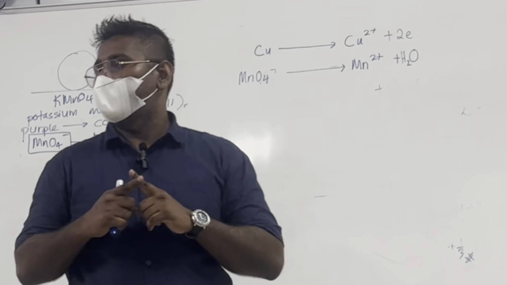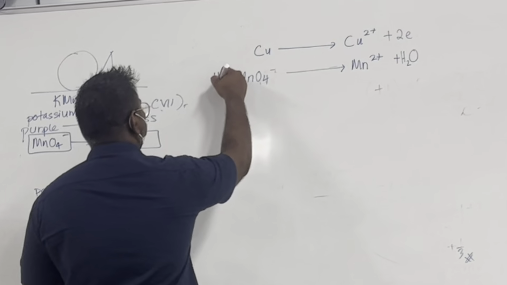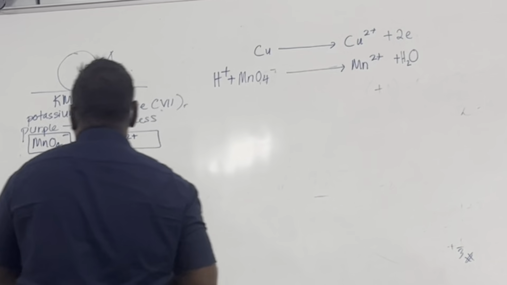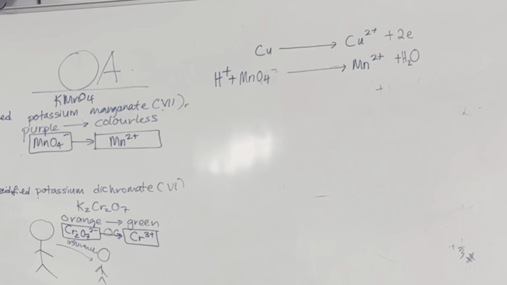The answer is no. You put it in form of H+. That is the reason why we always use acidified potassium manganate, acidified potassium dichromate. Must have acid. So the H+ is provided by the acid.